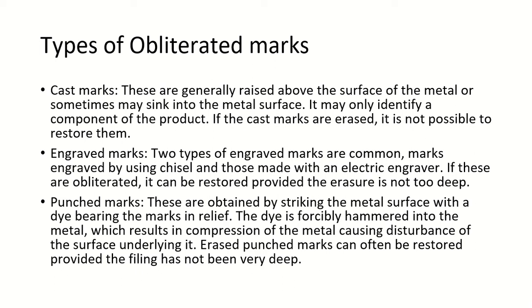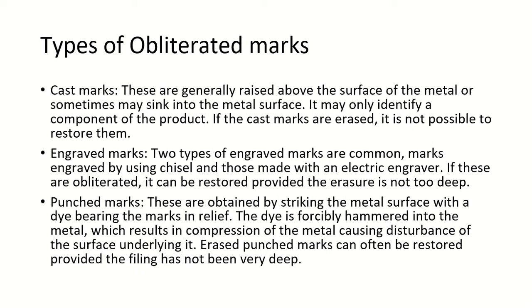Engraved marks: there are two types, those made by chisel and those made by electric engraver. If these are obliterated, they can be restored providing the erasure is not too deep. So engraved marks are present in depth.